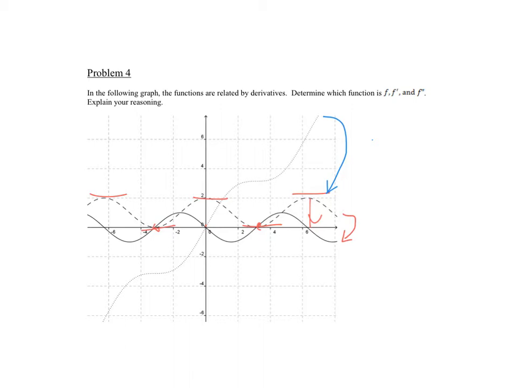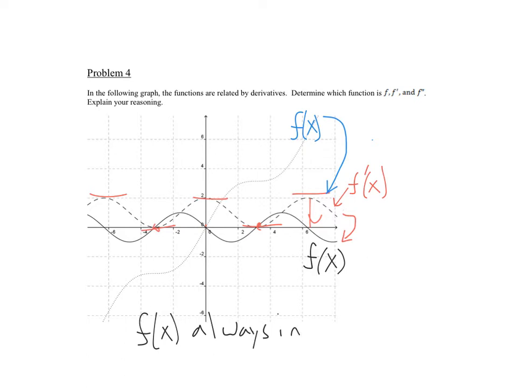So that means that the dotted line is f of x. The dashed line is f prime of x, and the solid line is f double prime of x. All right? And that comes from f of x always increasing.